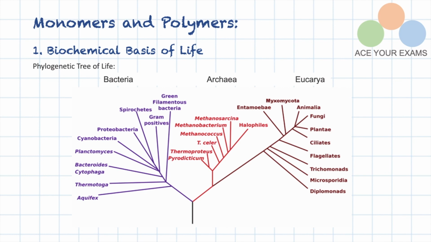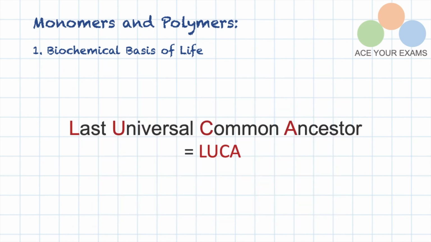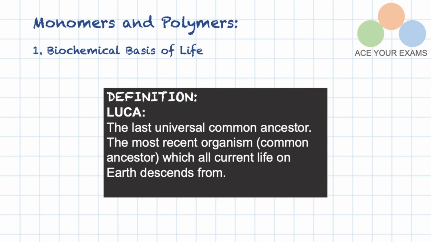Don't panic, you don't need to know this diagram off by heart by any means, but I just thought it's useful to include here as it shows how all of life descends from one common ancestor. This is known as LUCA, or the last universal common ancestor. LUCA is the most recent organism which all current life on Earth descends from.